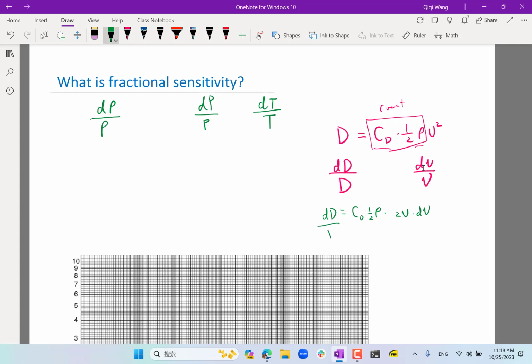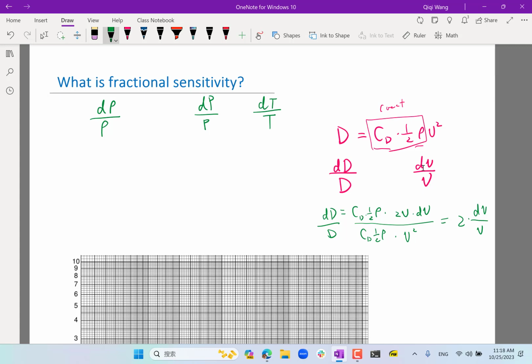So dD over D is equal to this thing divided by, let's plug in this again, Cd over half rho, that cancels out conveniently, times v squared, and that comes back to 2 times dv over v. So the fractional sensitivity of the drag is exactly whatever the exponent is on v, times the fractional sensitivity of velocity.